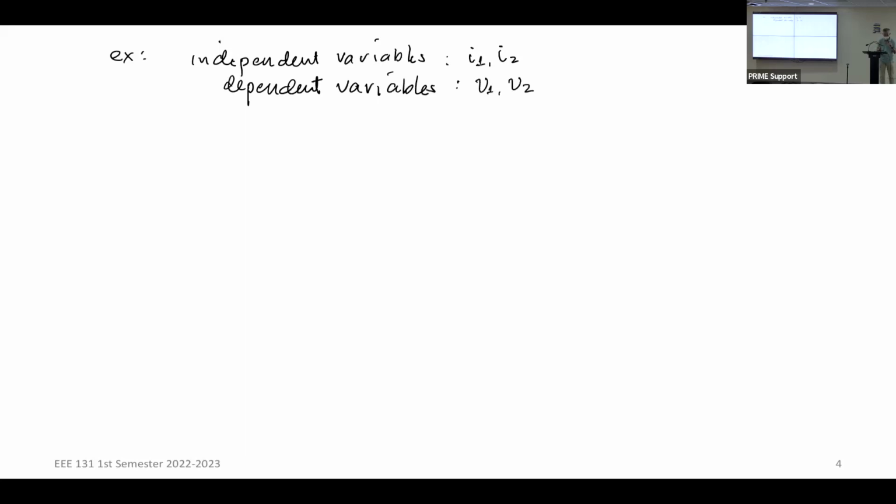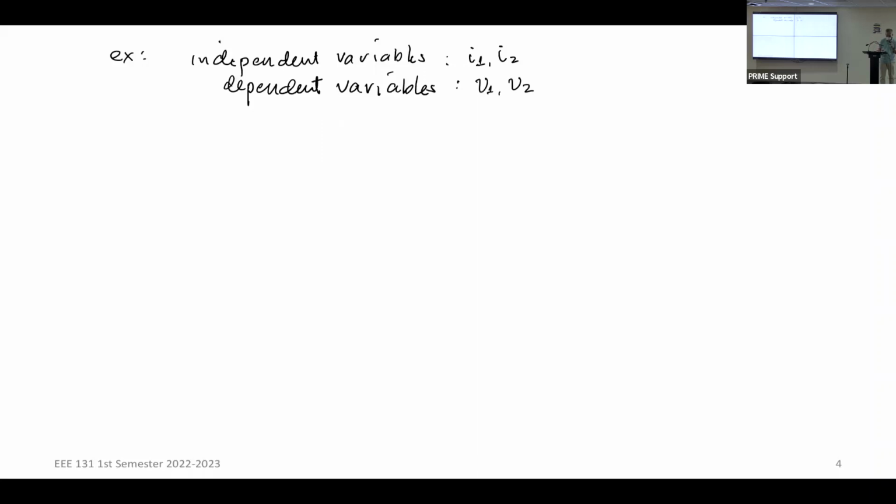Okay. Are you familiar with matrix notation? Are you okay with matrix notation? Okay. So you express now your dependent variables in terms of your independent variables.